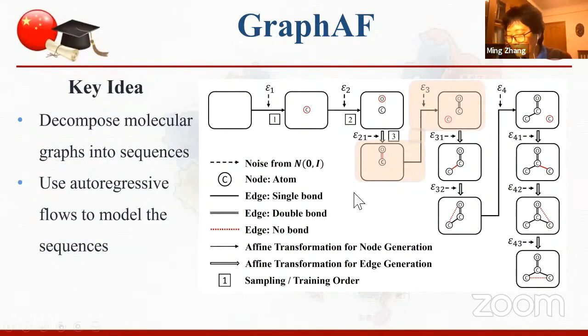So this is the illustration of the model, GraphAF.